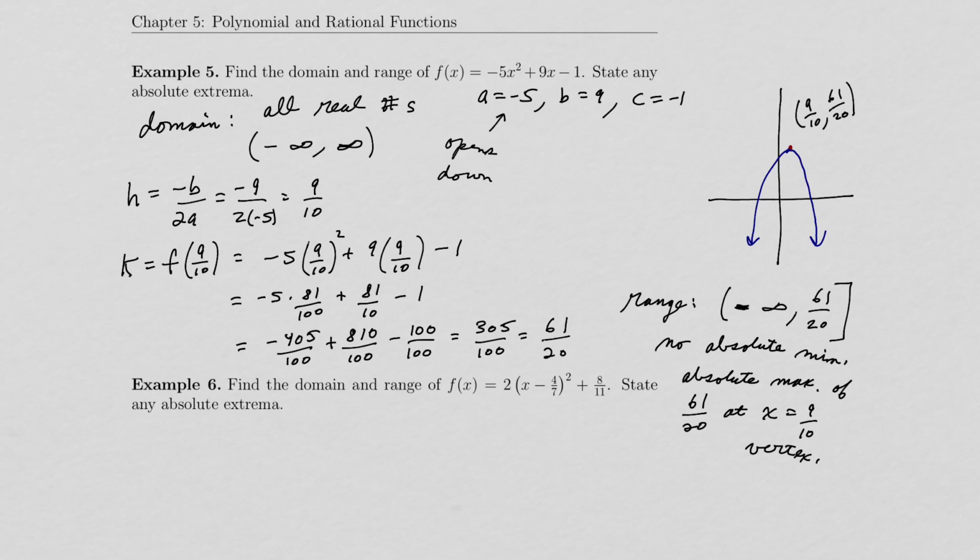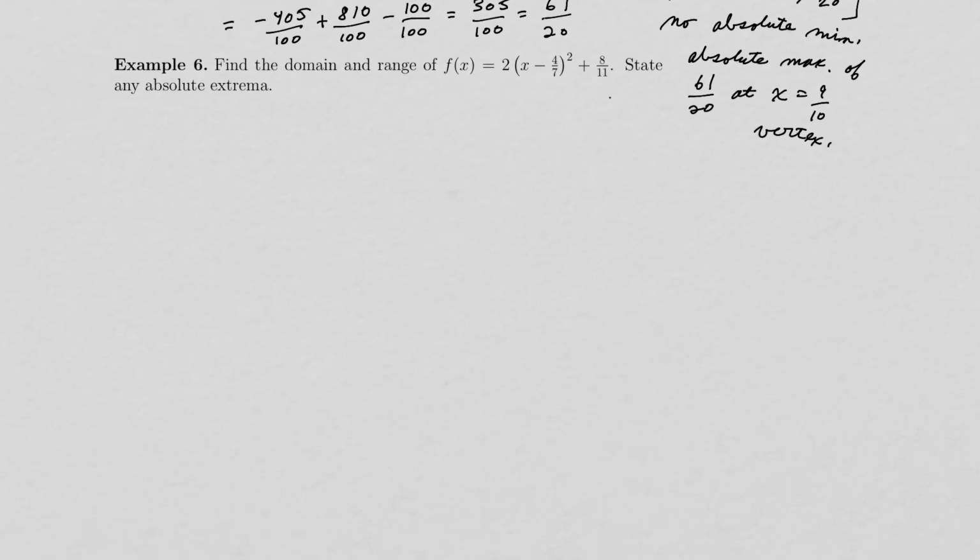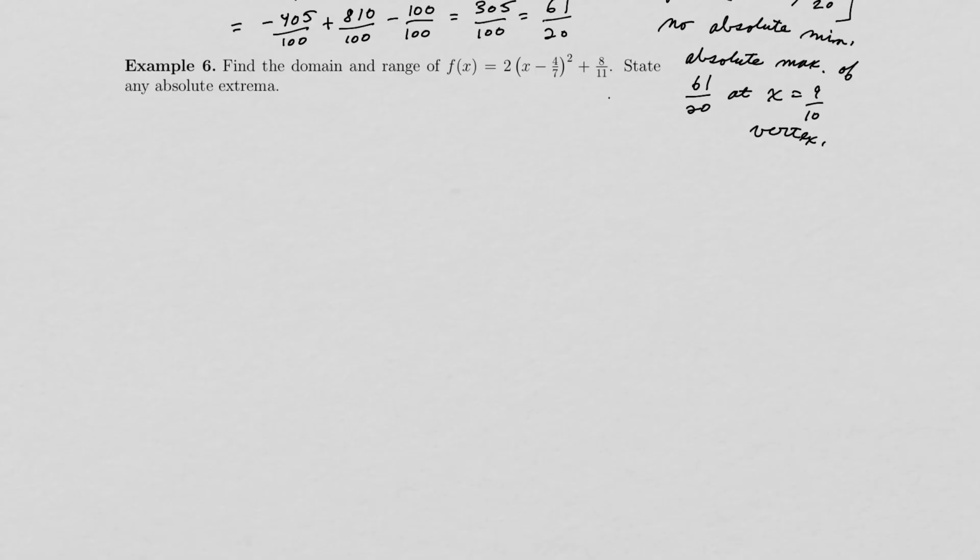Okay, another example. This one, again, is a little bit easier in some ways because it's already in vertex form. So find the domain and range of that quadratic function. It's already in vertex form. State any absolute extrema. Okay, so again, we know that a is equal to 2, right? So it opens up.